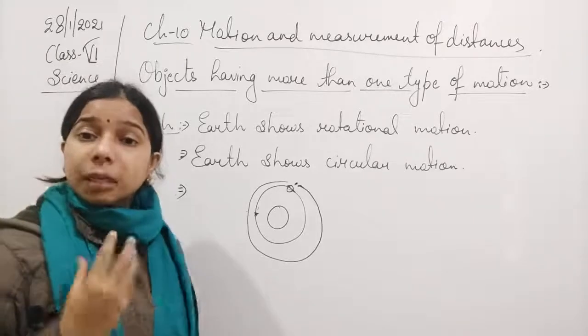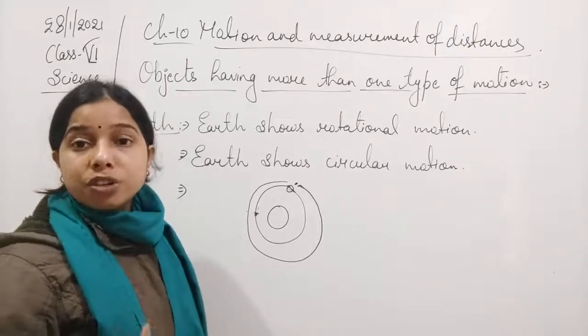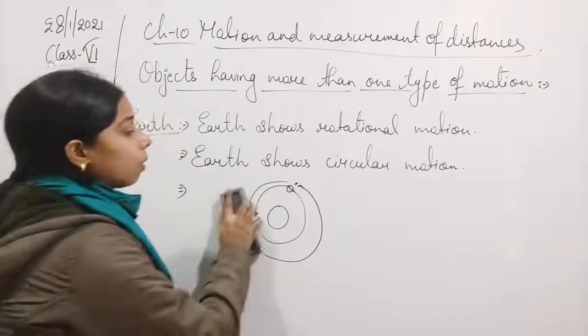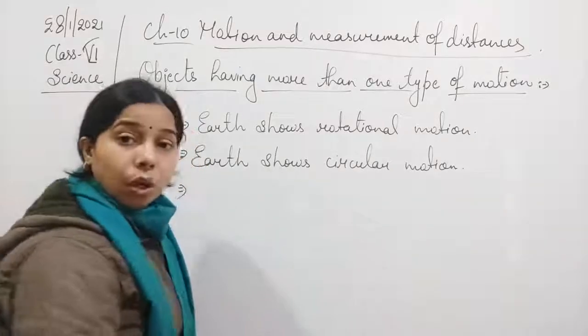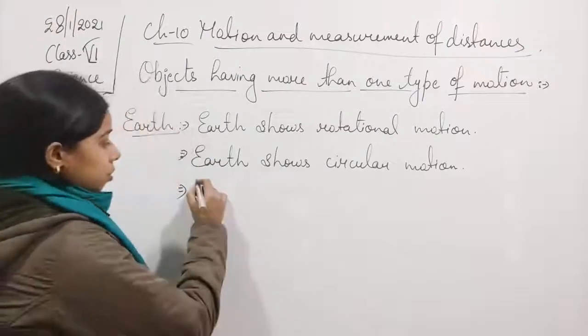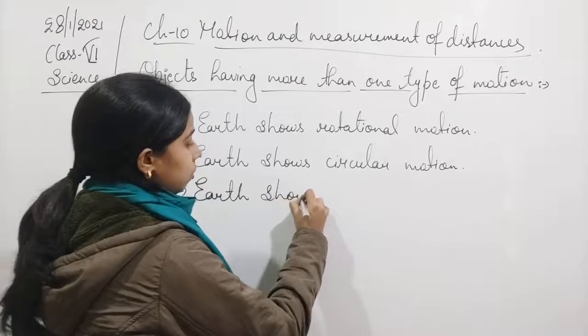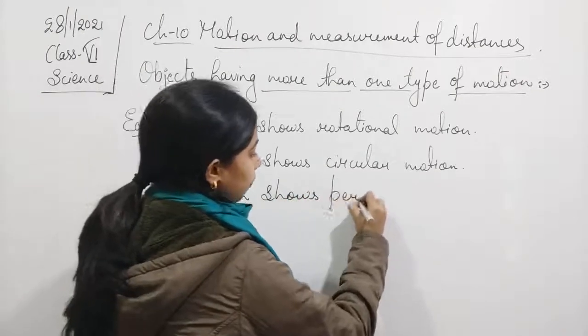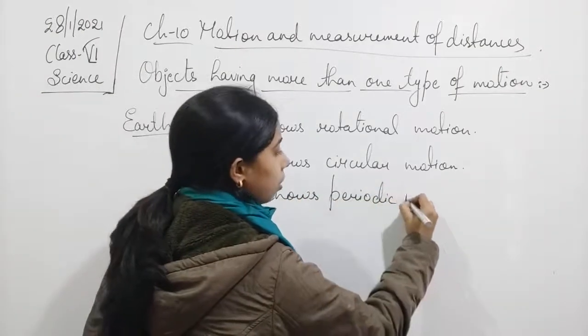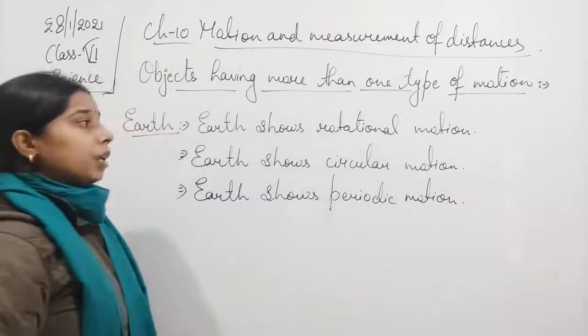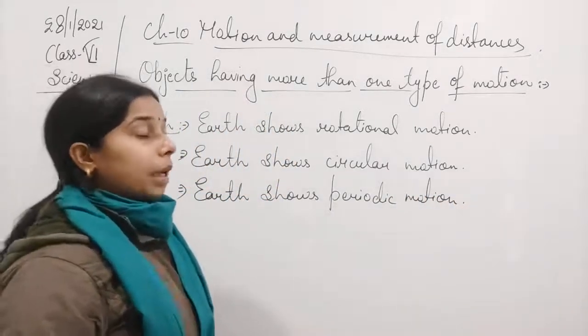So it keeps on repeating its motion after a period of time, and thus we also say that Earth shows periodic motion.